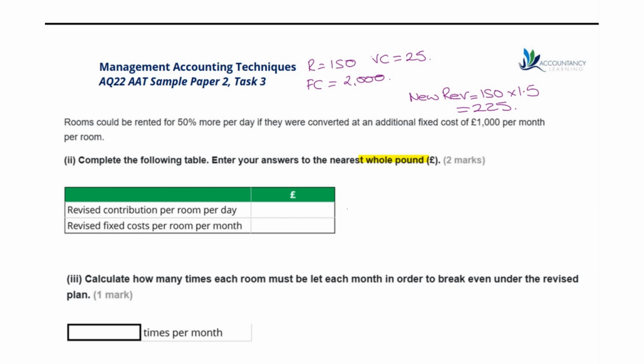So therefore our revised contribution is 225 minus the 25 to give us 200. And then our fixed cost, we had 2,000 and we've got an additional fixed cost of 1,000 per month. So that's 3,000.